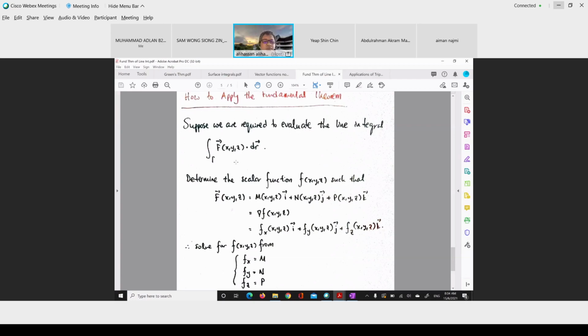So before looking at Green's theorem, let's recall what we have discussed previously, the fundamental theorem of calculus. Suppose there is a capital F that exists such that the capital F prime is equal to f of x. You see, the integrand here is f of x.